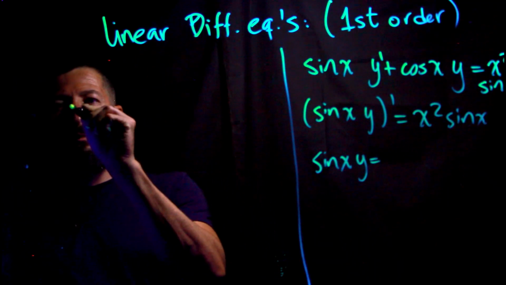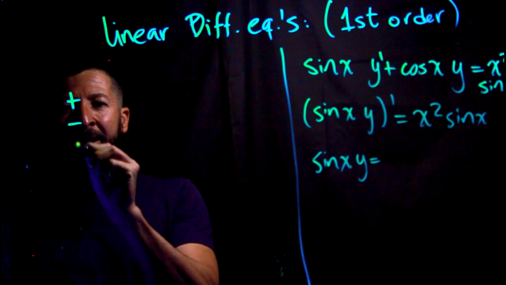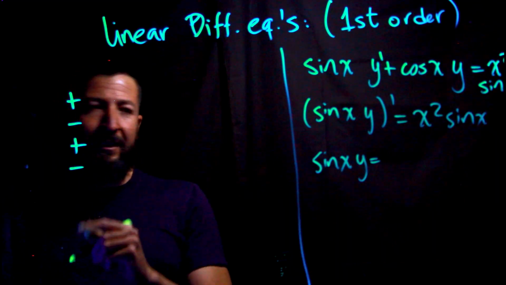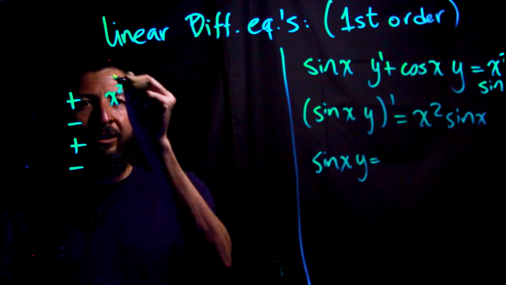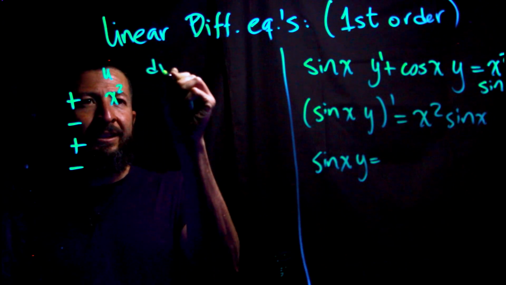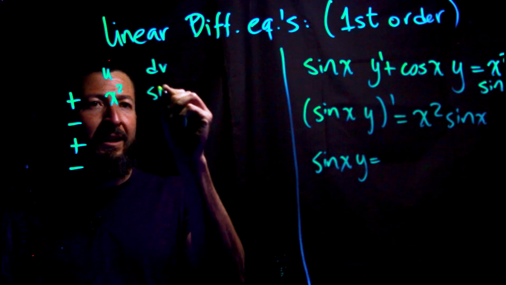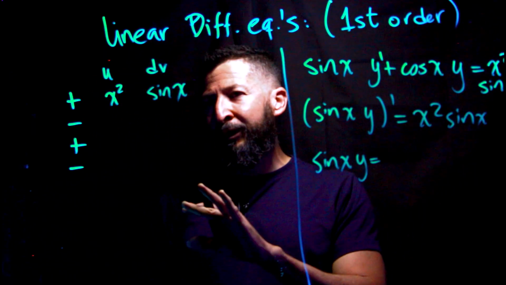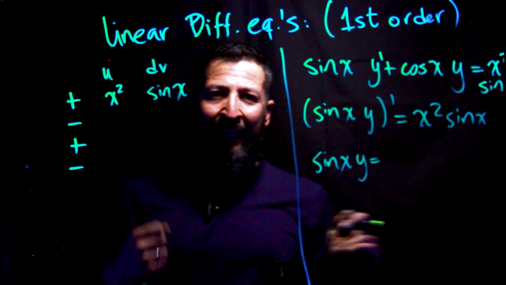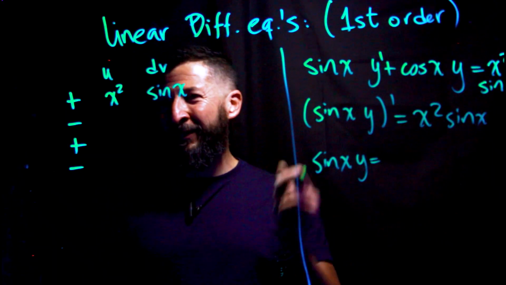So the tabular method, you start putting signs and you alternate them. I don't remember how many you need. Okay. Put your u here and then your dv here. And as you know, for integration by parts, if you have a polynomial, people use that acronym, LIATE or whatever it is.